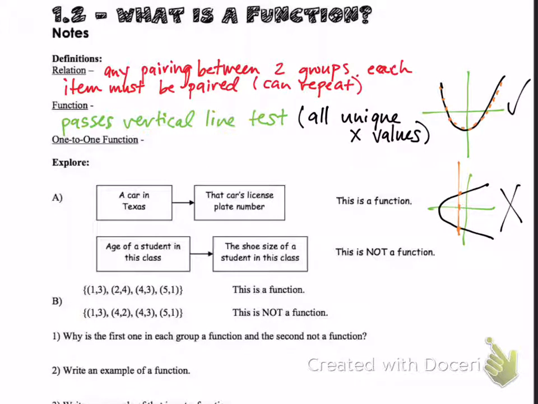And then I have what I call, so it's getting more and more specific. Relation is like anything is a relation. Function has to pass the vertical line test. Then if I ask you if it's a one-to-one function, it has to pass vertical and horizontal line test. So this is the most specific one.